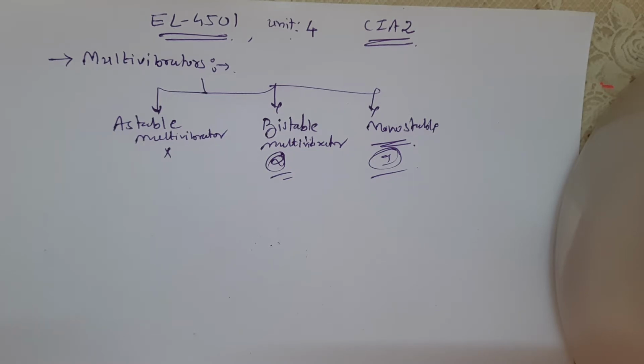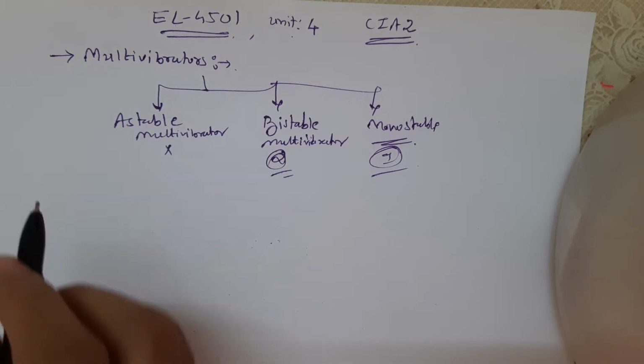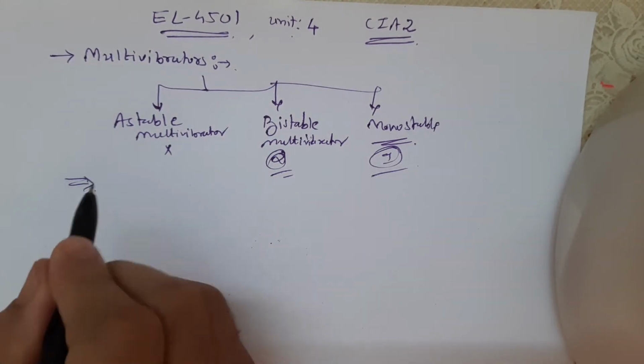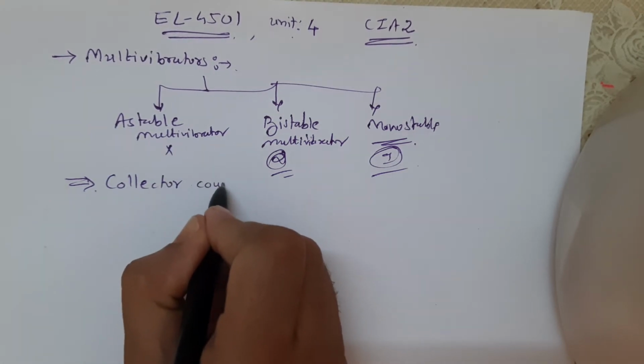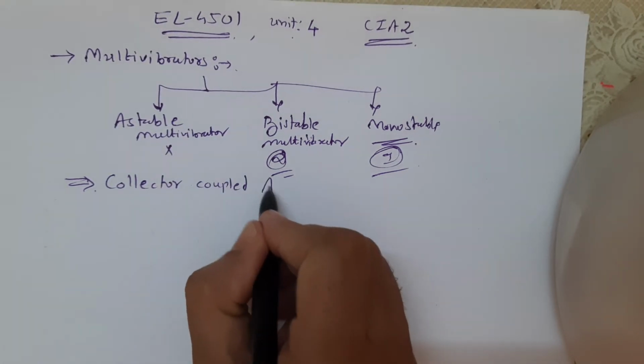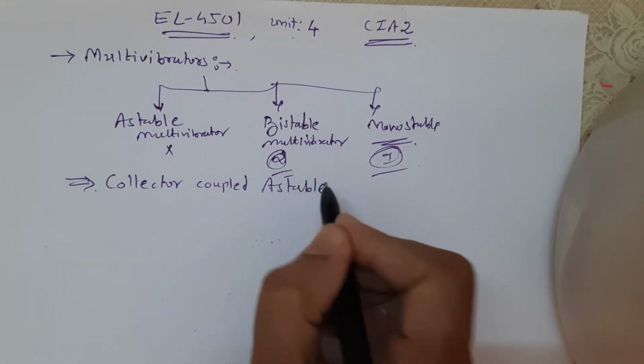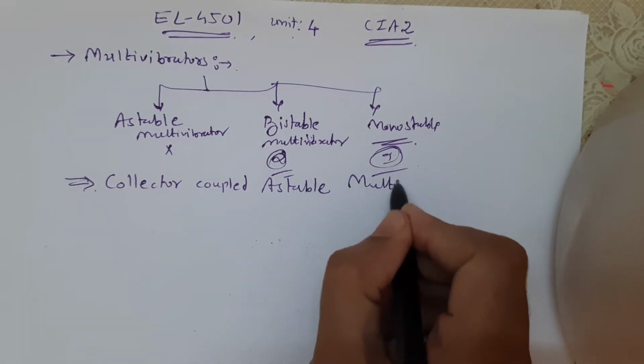A transistor remains in either saturation or cutoff for a period determined by the time constant RC of the elements in the base circuit. So, here we are discussing first of all the collector coupled astable multivibrator.